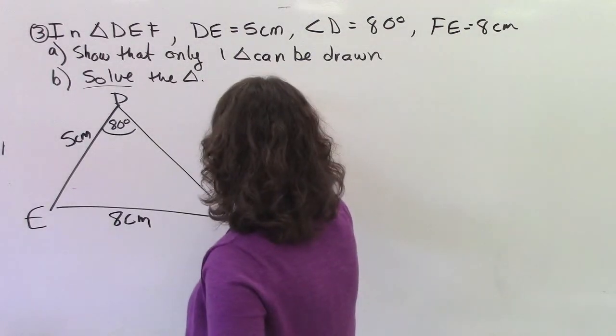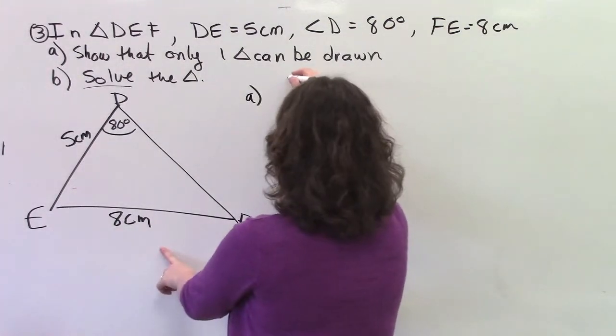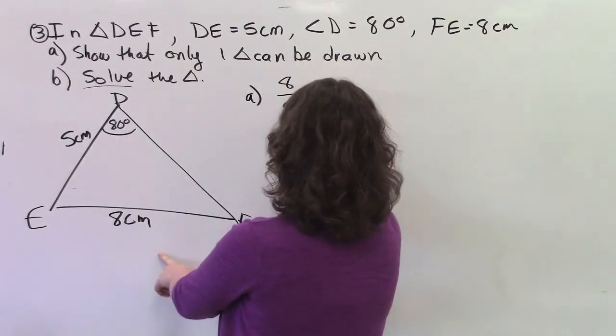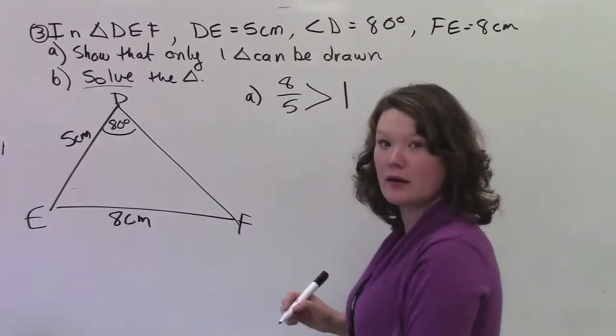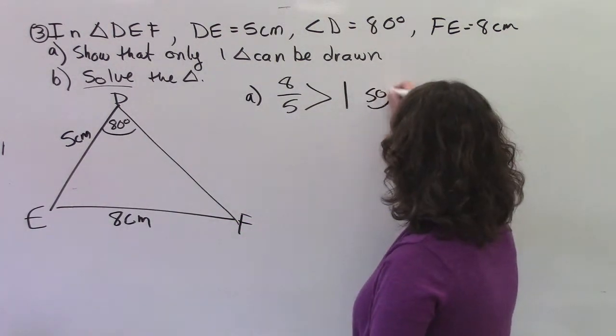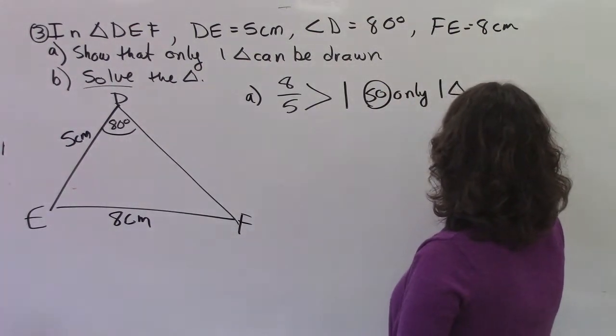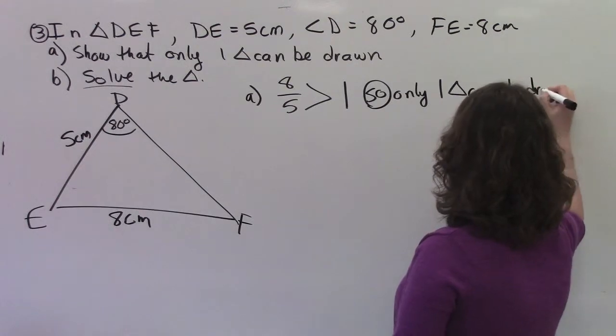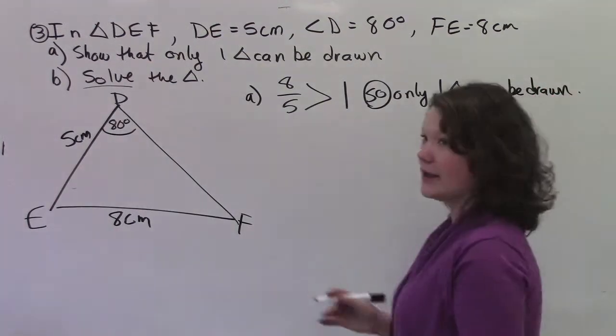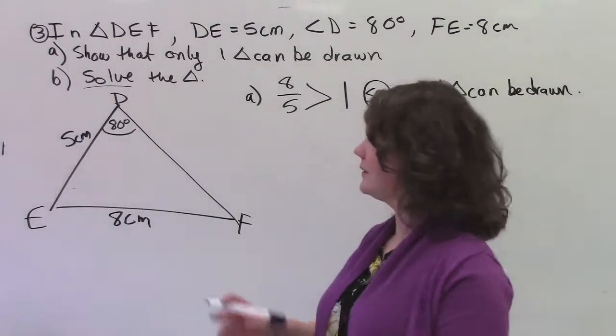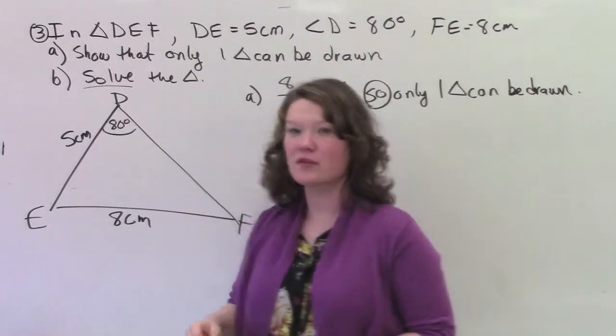So let's record that. I know that 8 divided by 5 is greater than 1. So only one triangle can be drawn. Done. A, done.